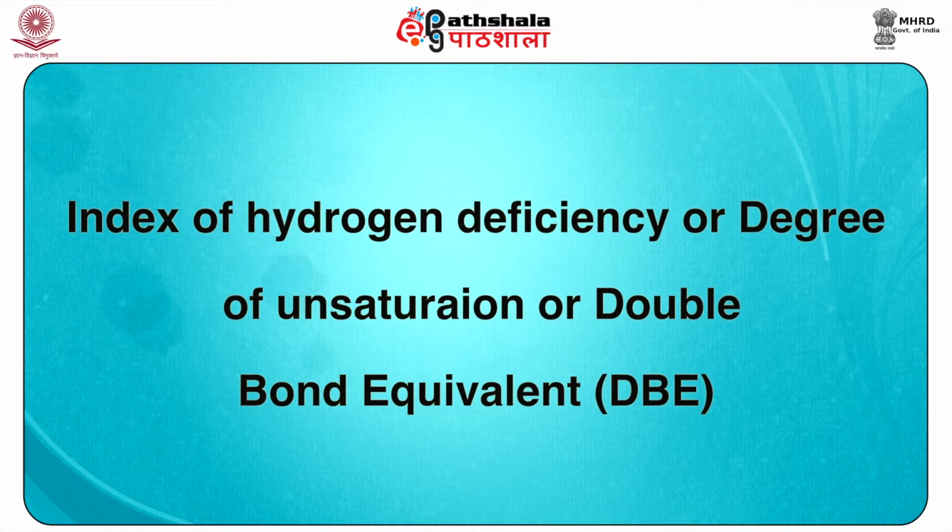Now let us come to the study of the index of hydrogen deficiency, also known as degree of unsaturation, or double bond equivalents. The index of hydrogen deficiency is the number of pi bonds and/or rings in a molecule. One double bond equivalent, that is 1 DBE, also known as degree of unsaturation, abbreviated as DU, is 1 pi bond or 1 ring.